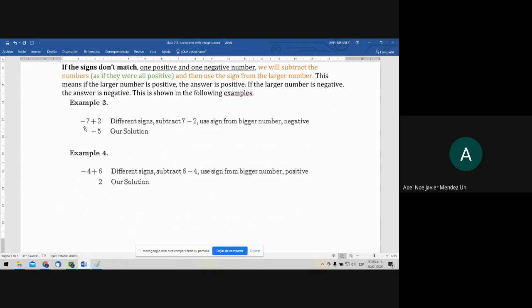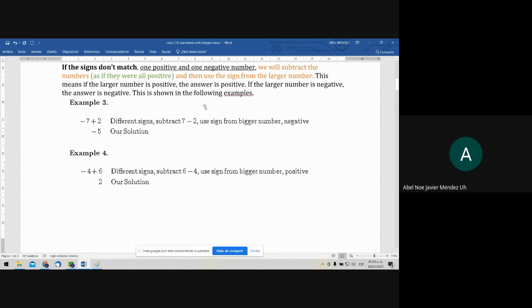What are we going to do? Different signs, we can read here: different signs, subtract the bigger number, 7 in this case. We are going to subtract the little number from the bigger number. 7 minus 2 is 5.